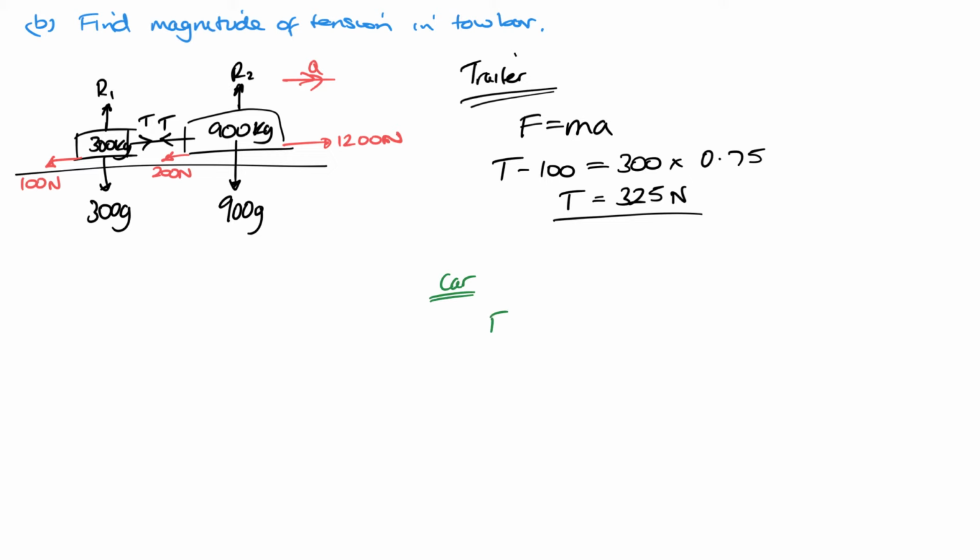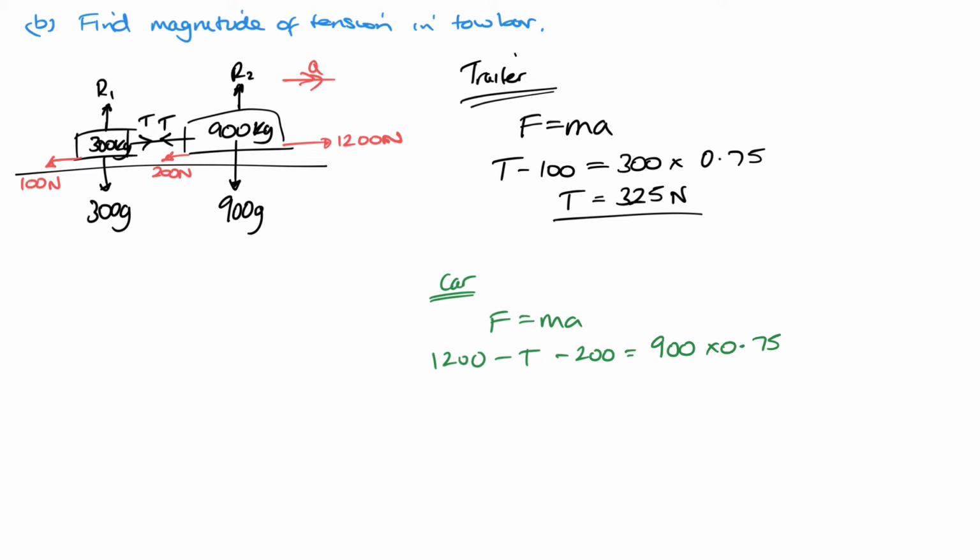So if you did it with the car, you would have had 1,200 minus T. And actually, almost forgot there, also need to minus 200 newtons for this resistance here. So the T and the 200 is going to the left, 1,200 is going to the right. And then m is 900, and we got 0.75.